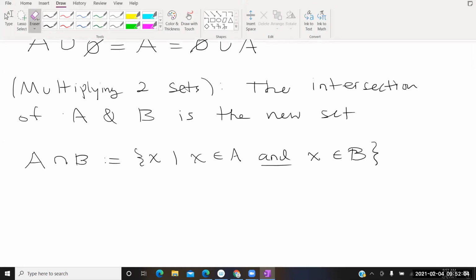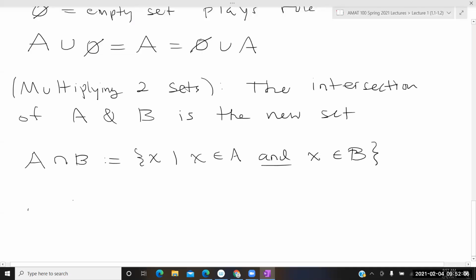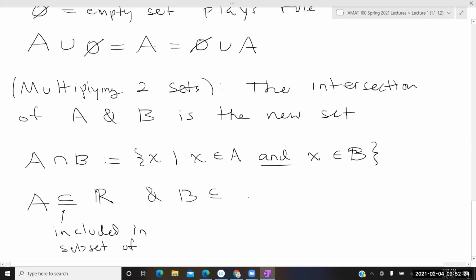This symbol right here means something like included in, or a subset of. So this just means A is a subset of R, and we're taking B to be a subset of R. So somehow R is the universal set, and it contains all of our other sets.